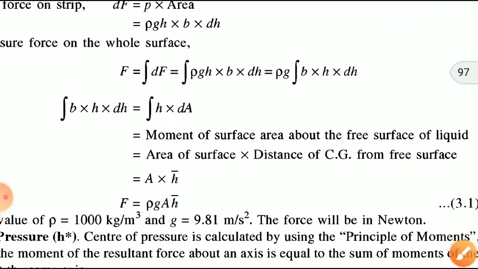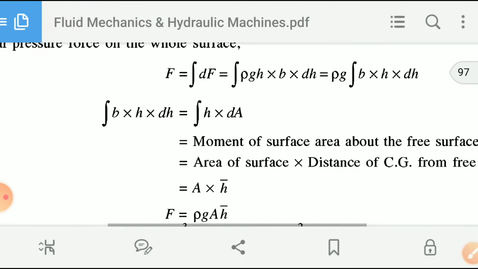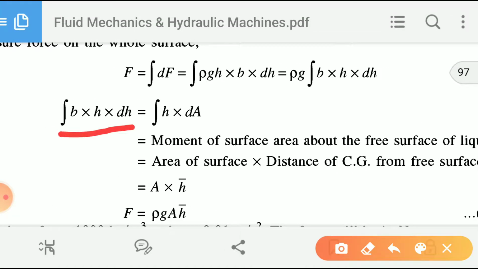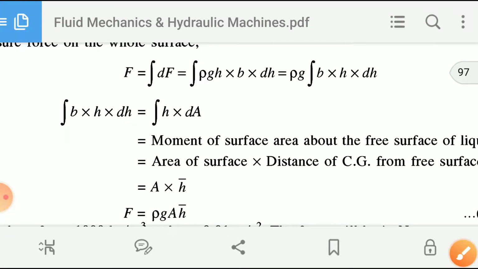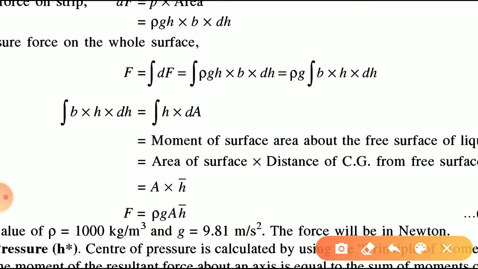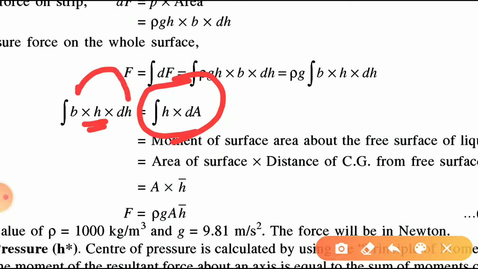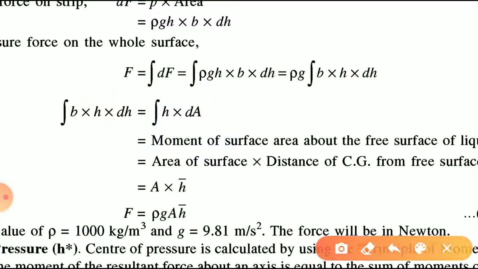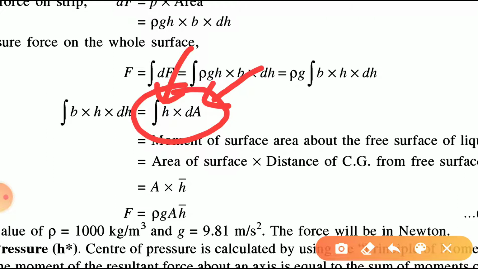Now what is this term, the integration of b into h into dh? It is the integration of h multiplied by dA, because b multiplied by dh is the area of that small incremental strip. This integration means the area multiplied by its distance from the free surface of the liquid.